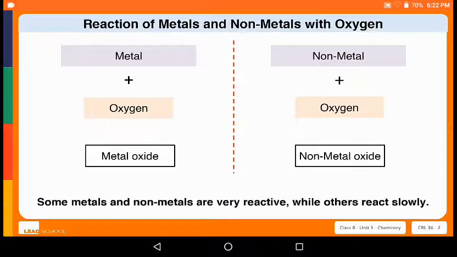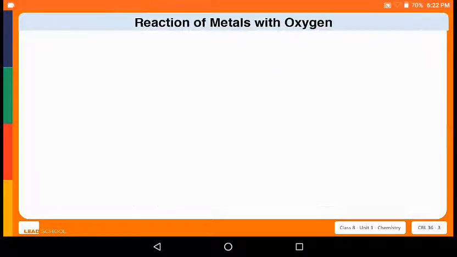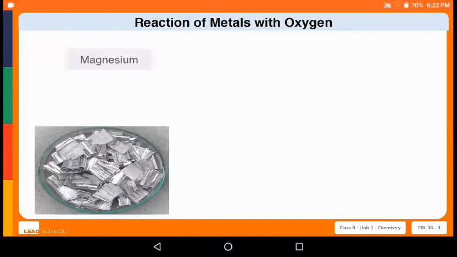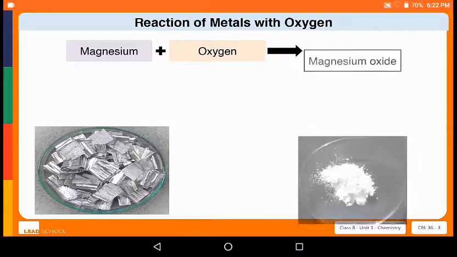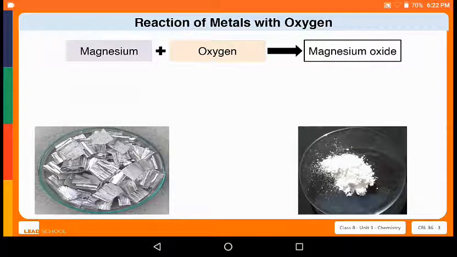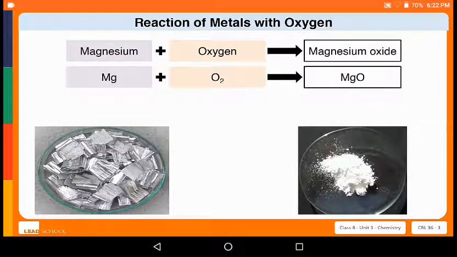Some metals and non-metals are very reactive, while others react slowly. In class, we observed the reaction of magnesium with oxygen. Magnesium plus oxygen gives magnesium oxide, or Mg plus O2 gives MgO.